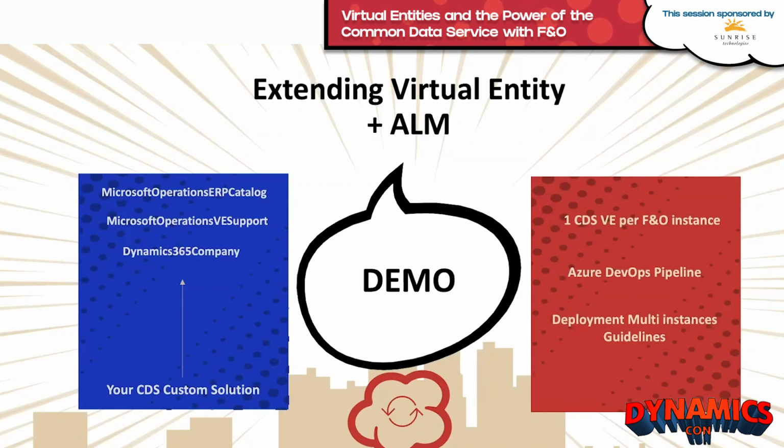The goal of the Dynamics 365 company solution is to have the legal entity architecture on your CDS, because you have the legal entity support to be able to use multiple legal entities in Dynamics 365 customer engagement.